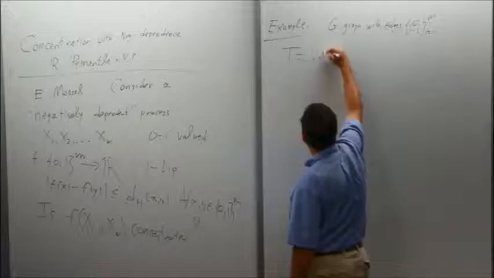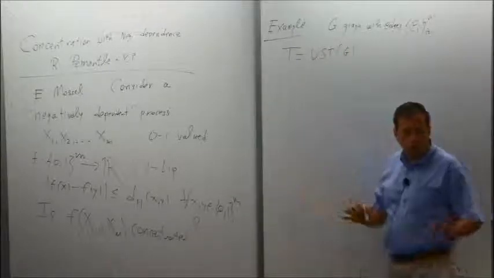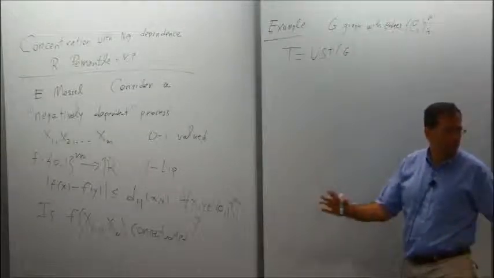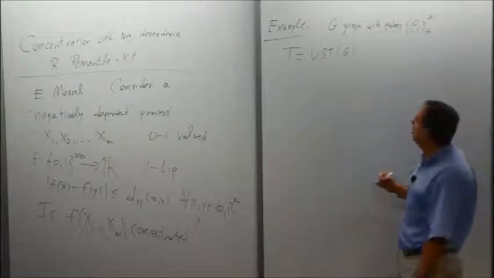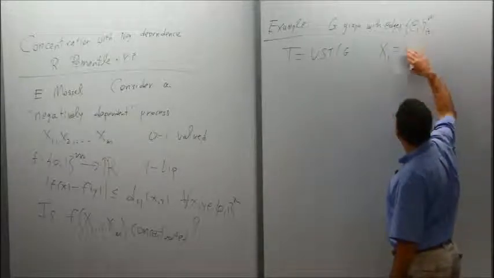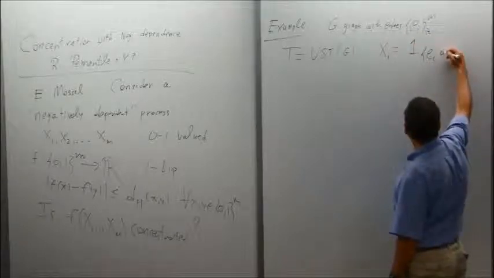T is a uniform spanning tree in G. Later we'll also consider weighted spanning trees, but now just think of a uniform spanning tree, so all spanning trees taken equally likely. And then xi is the indicator that we took the ith edge inside T.